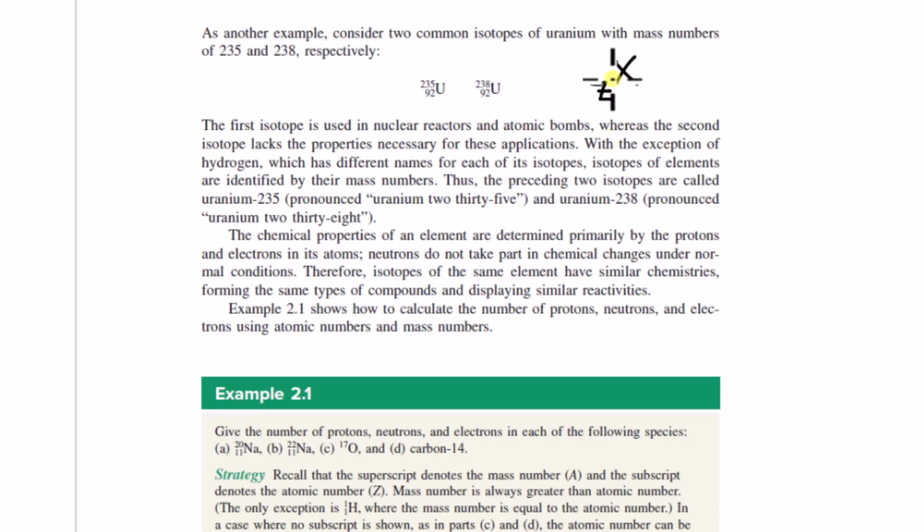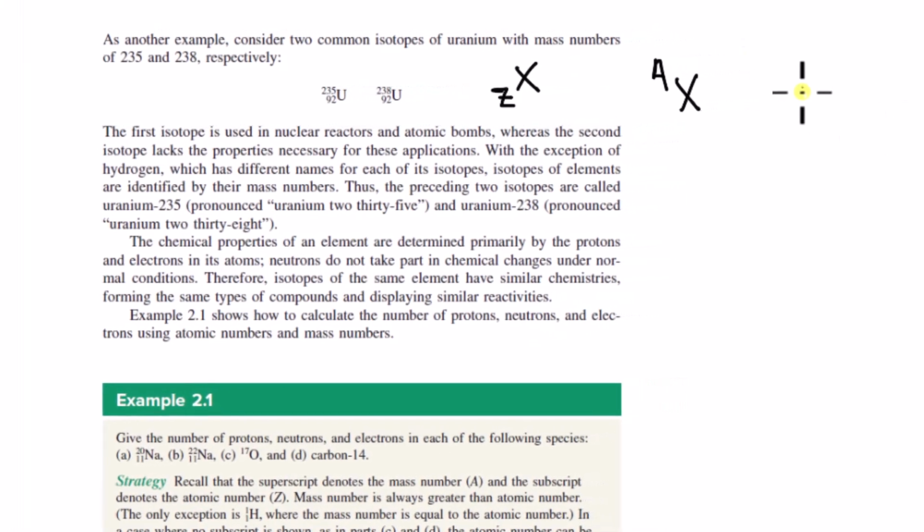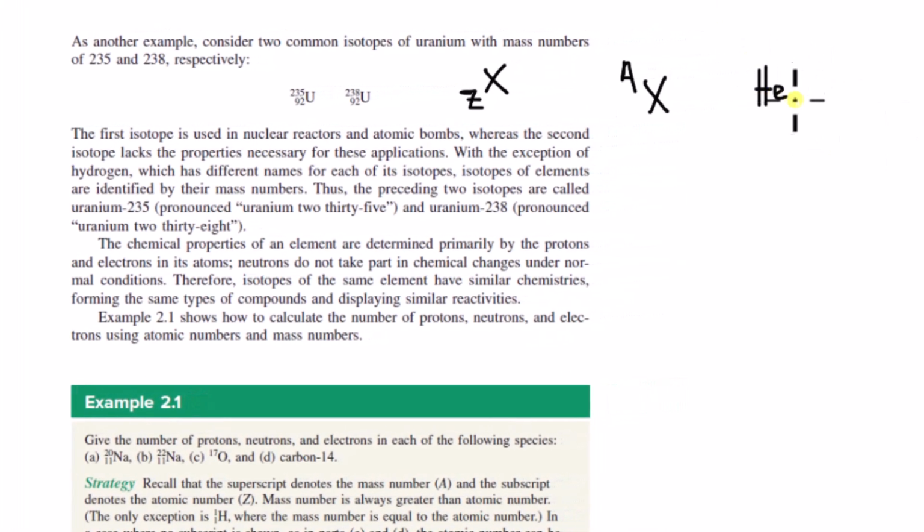But that's not necessarily the case with the mass number. Just because you know the mass number, that doesn't guarantee that you can say for sure what the chemical symbol is, what the element is, right? Because, for example, you have isotopes of helium. Helium is going to have two protons in the nucleus.